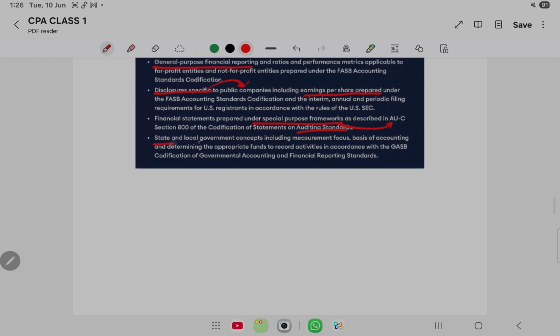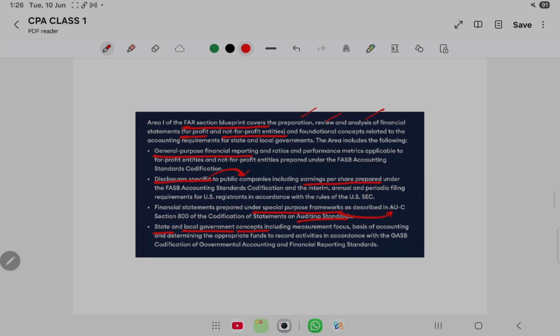It includes state and local government concepts also. Okay, so I am giving you just the brief of the core areas we are going to read in the financial reporting F1 unit.